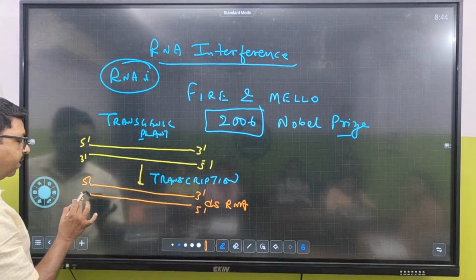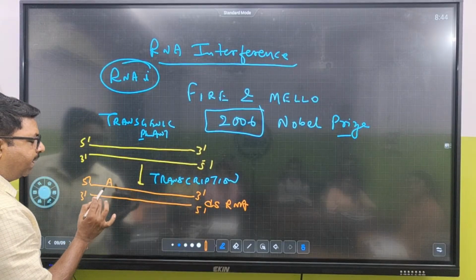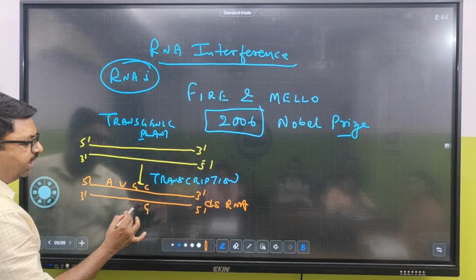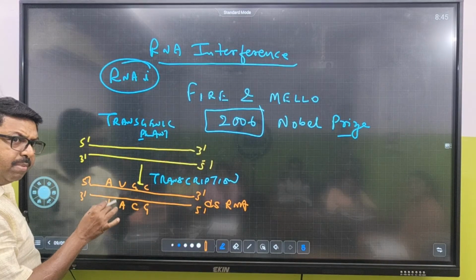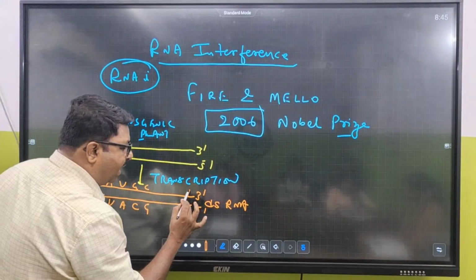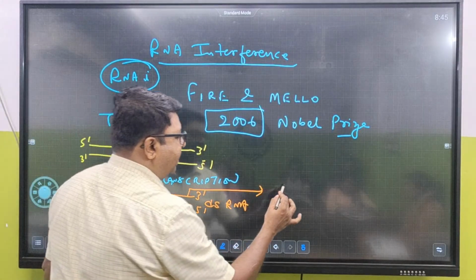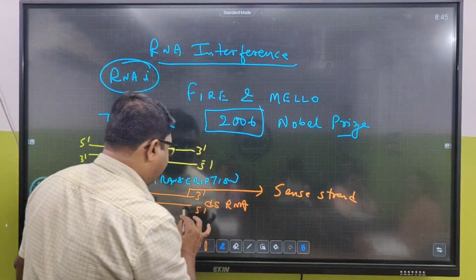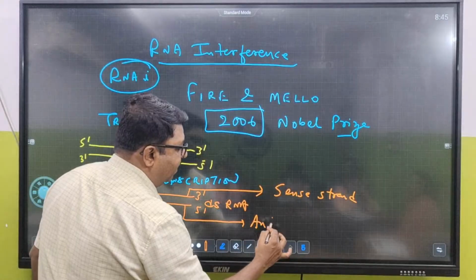This is going to be complementary. Come on, make it complementary. AUGC. Come on, GCAU. This is complementary. Mind you, out of this double stranded RNA, one of the strands is the sense strand and another strand is the antisense strand.